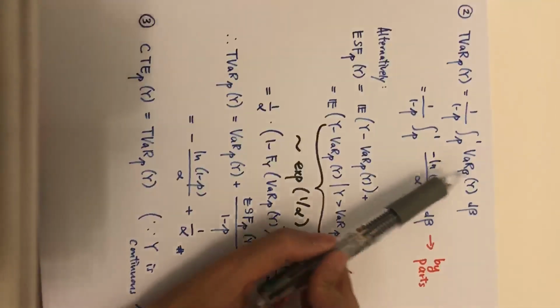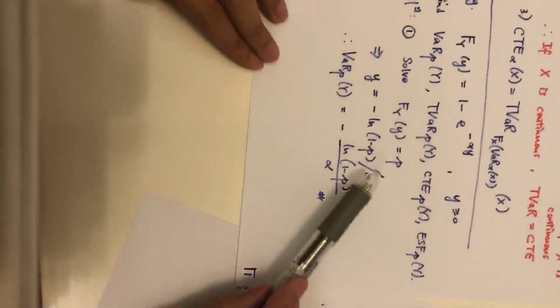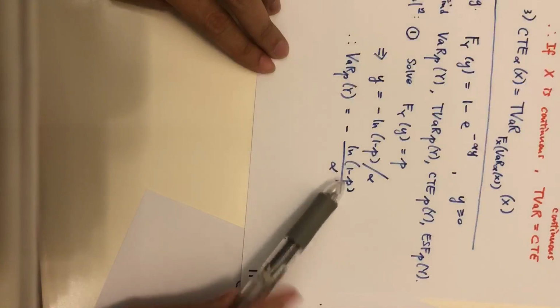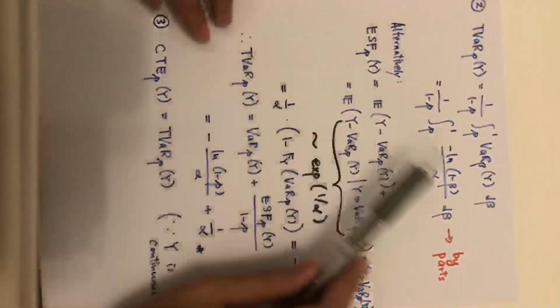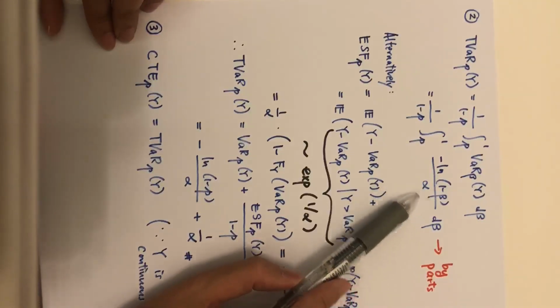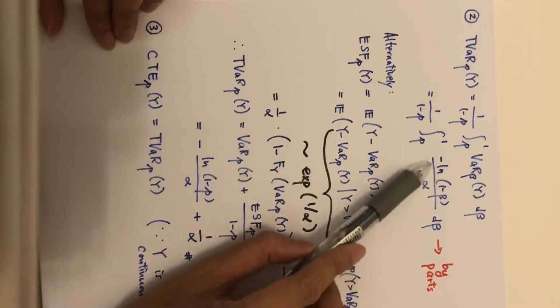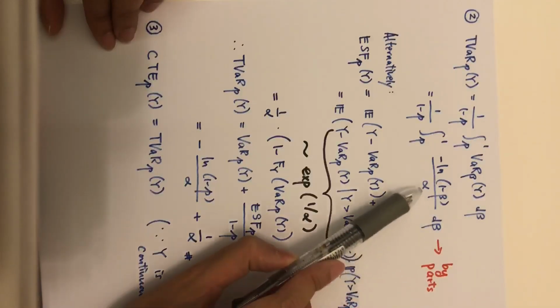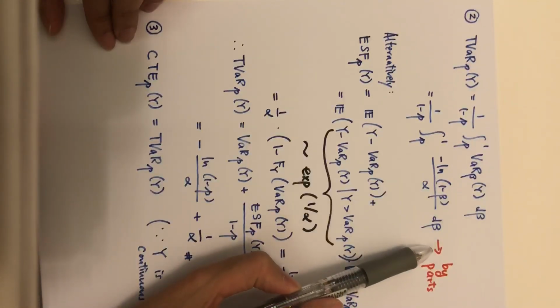In the previous page, we know the formula for the value at risk at any level, so we substitute this expression into the integral, and then we obtain this. We need to integrate negative log of 1 minus beta over alpha with respect to beta. You can do this by integration by parts.